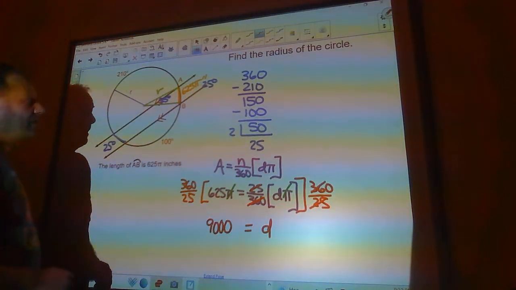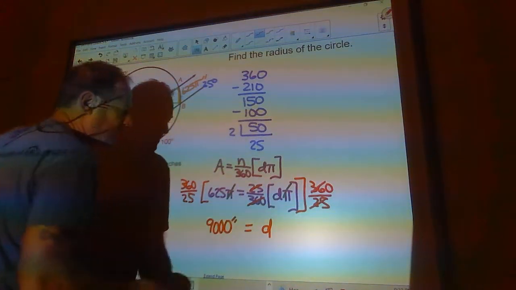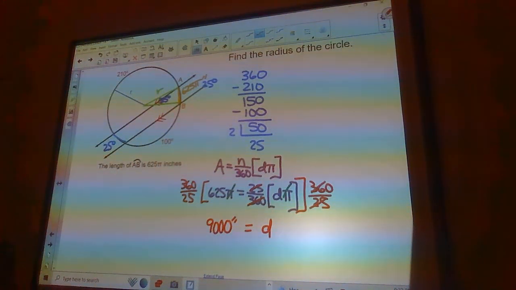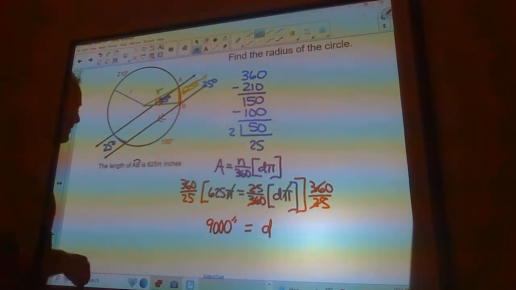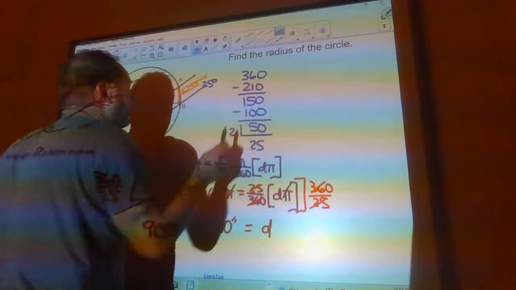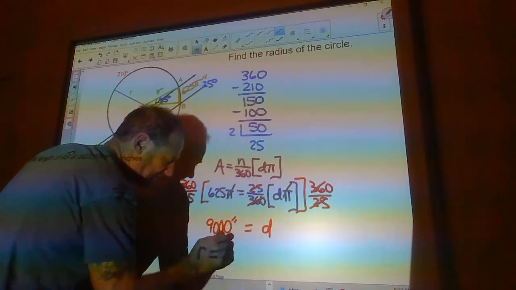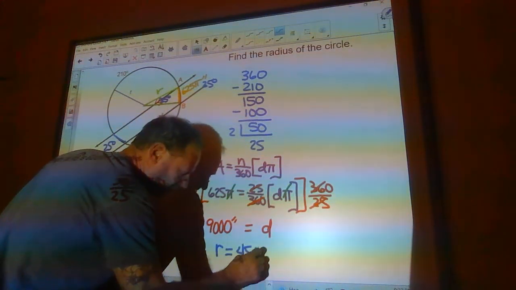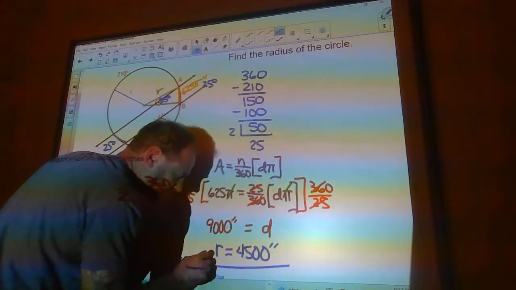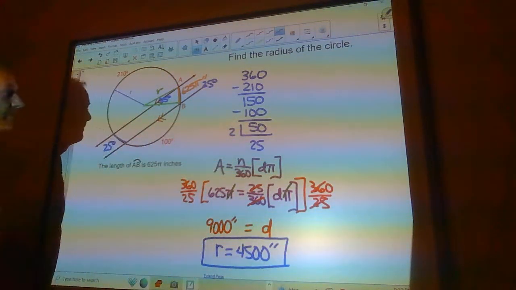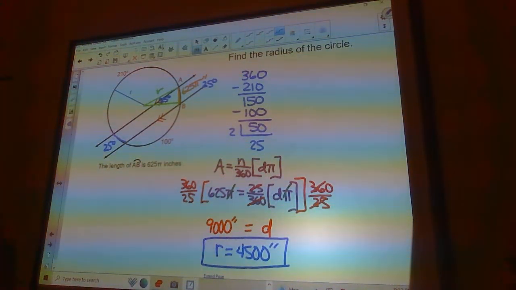That would be inches. So the diameter is 9,000 inches. So then remember, I need to find the radius, not the diameter. So the radius is going to be half of that. It's going to be 4,500 inches. And I'm done.